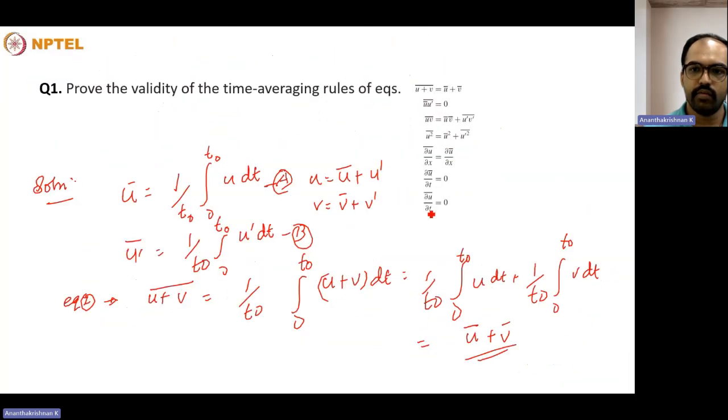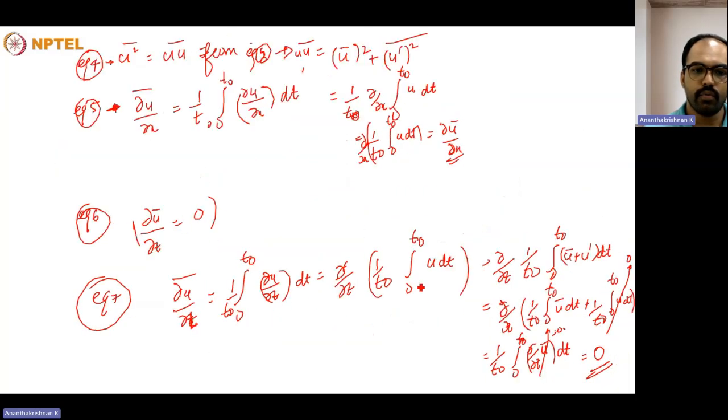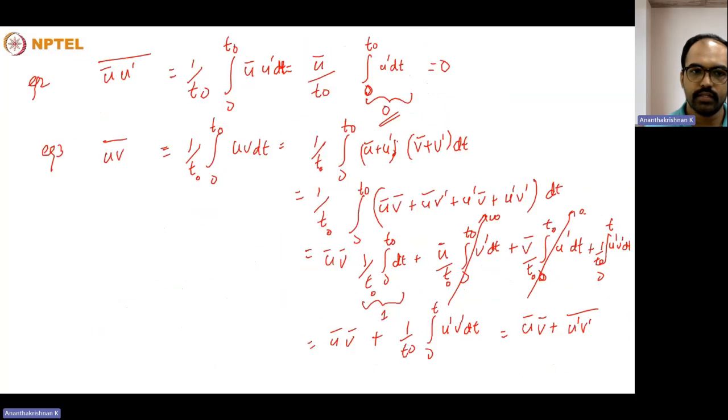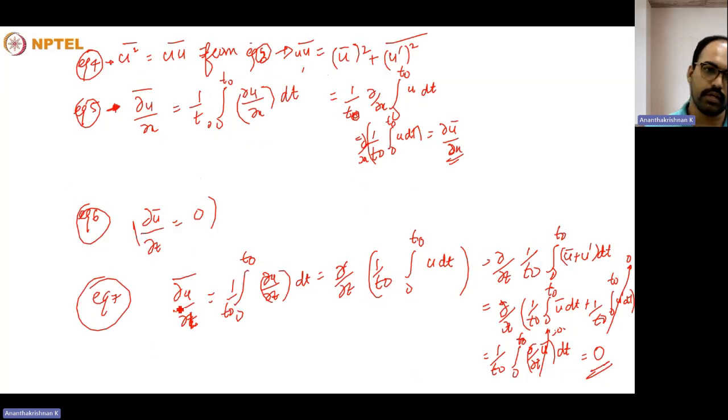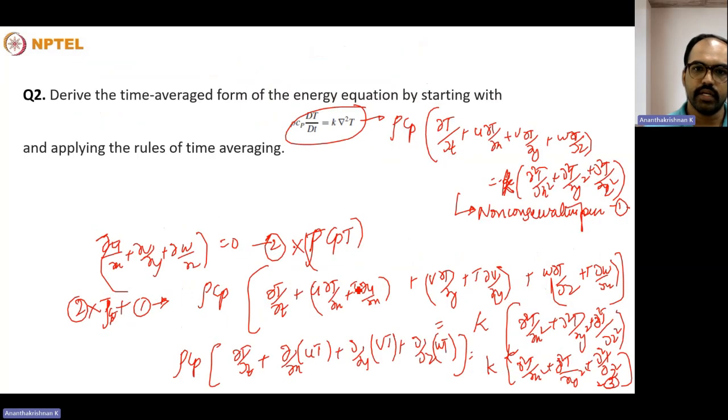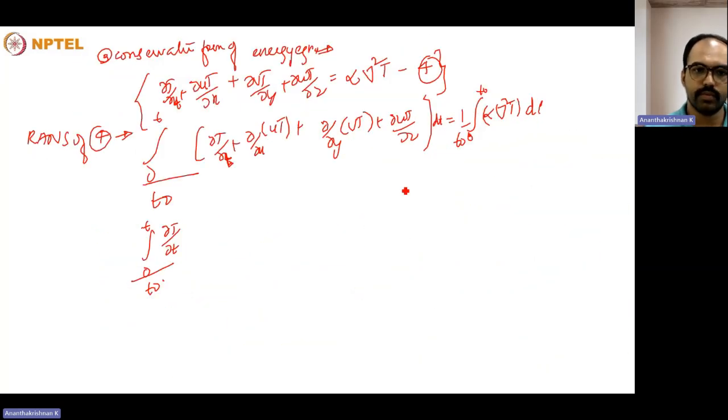We have seen that equation 8 shows that the average of the time varying factor will be equal to 0. So we have proved it. We have proved this as equation 7. Just replace u by T, you get the average of the unsteady term will be equal to 0. So this particular term will be straight away 0 from identity 7.